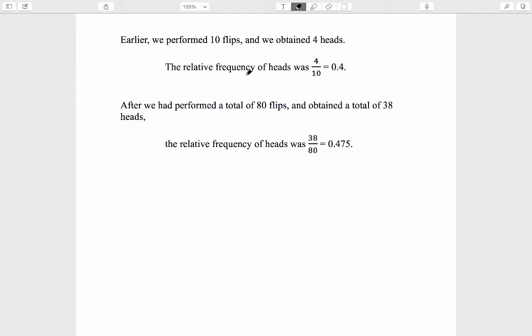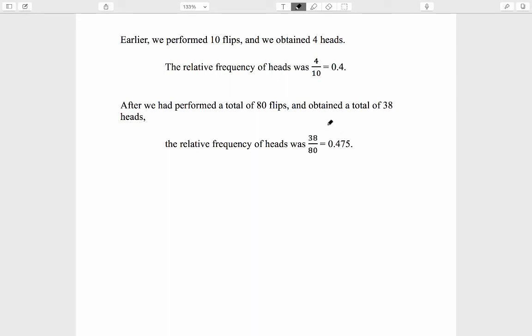But we kept flipping after that. And after we had performed a total of 80 flips, and we had obtained a total of 38 heads, as of that moment, the relative frequency of heads was now 38 out of 80, or 0.475. So this relative frequency changed over time.